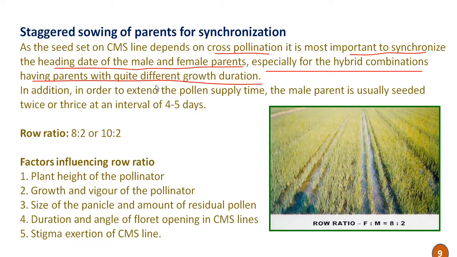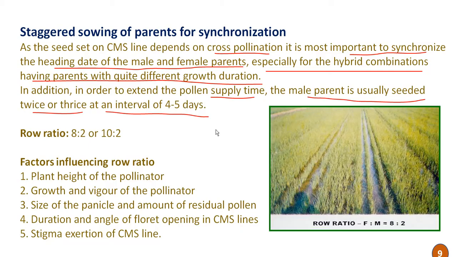For that, a mechanism called stagger sowing is done, and that's why the heading dates of male and female parents are matched. And in addition, in order to extend the pollen supply time, the male parent is usually seeded twice or thrice at an interval of 4 to 5 days.